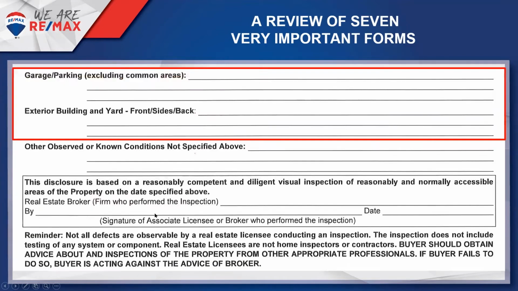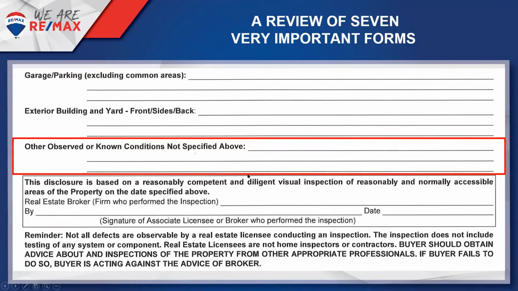And then finally, the garage and the parking and the exterior of the building, the yard, not the neighborhood, but the yard. You do inspect the yard, you do inspect the garage. And then if there's anything else you want to disclose, you could do that on this section here.